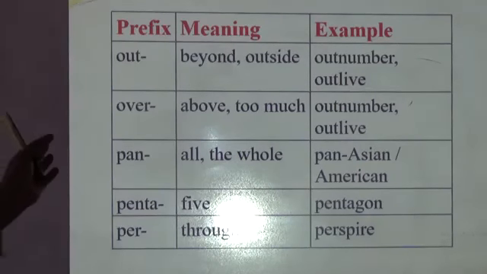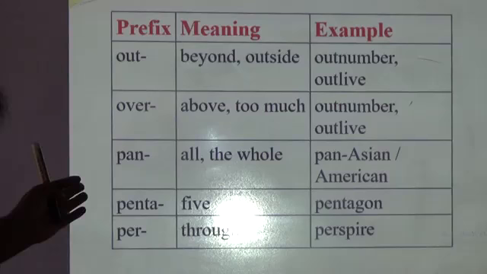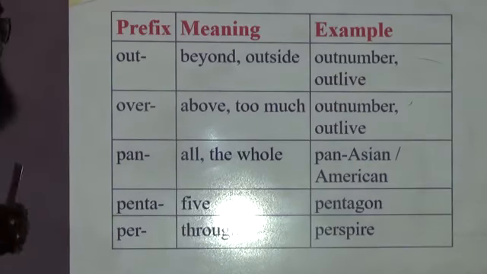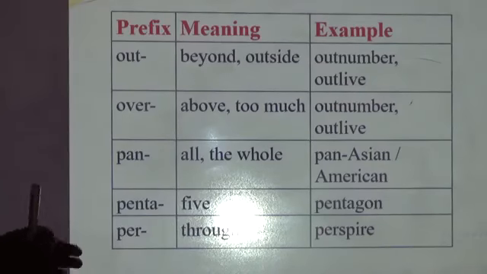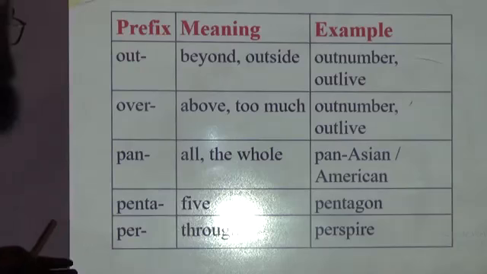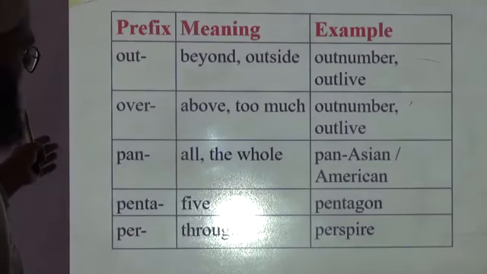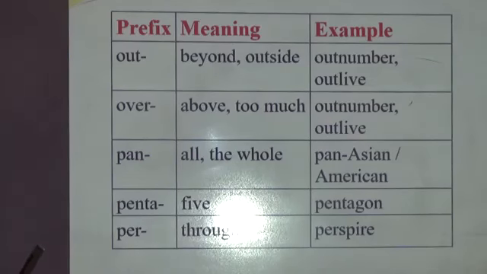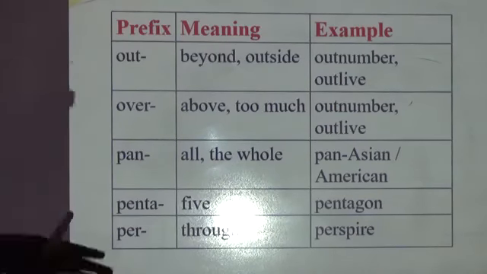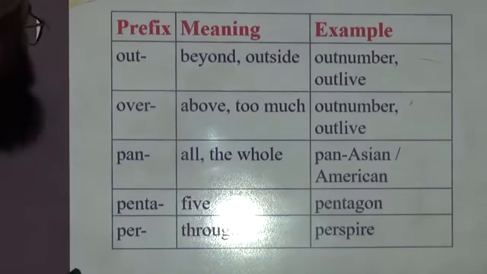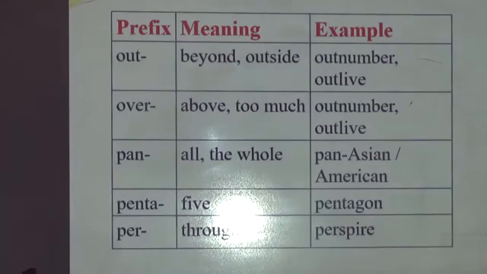Out means beyond, outside. Outnumbered, outlived. The outnumbered, that means more in number. Over, above, too much. Pan, all, the whole. Pan-Asian, Pan-American. Pan-Asian, that means all the people of Asian countries. America, that means the United States of America. Penta means five.